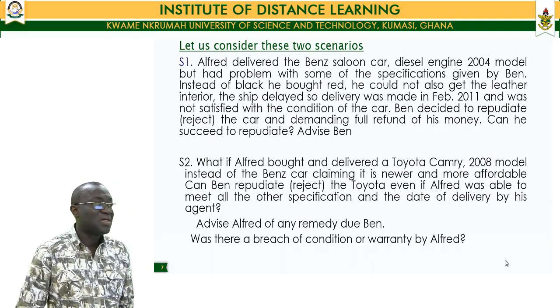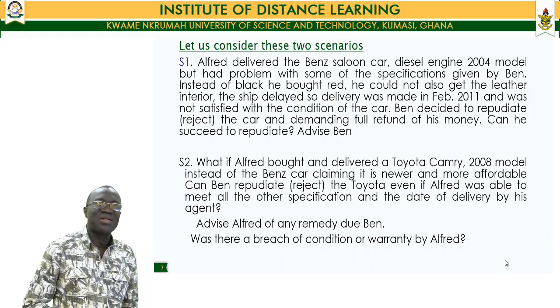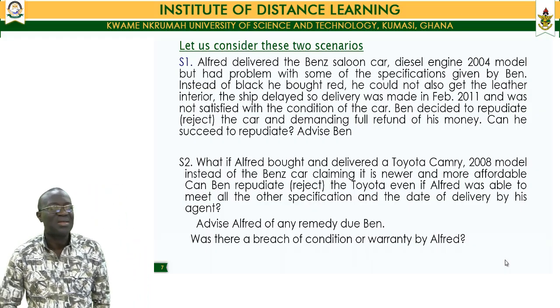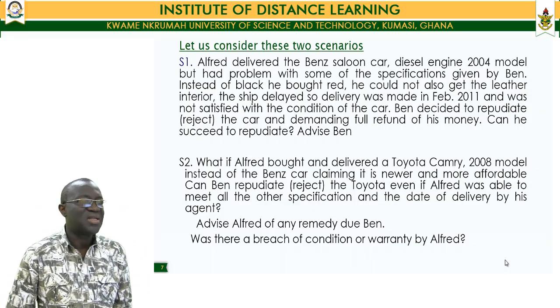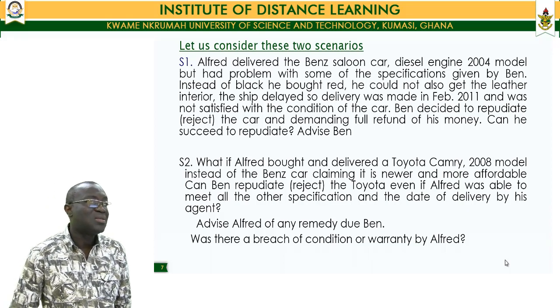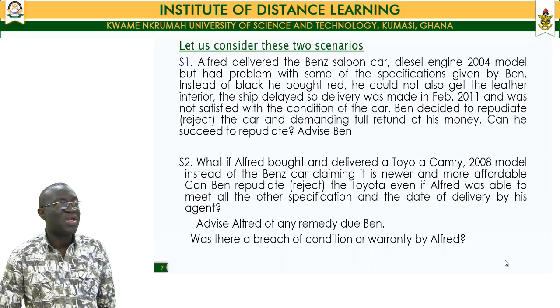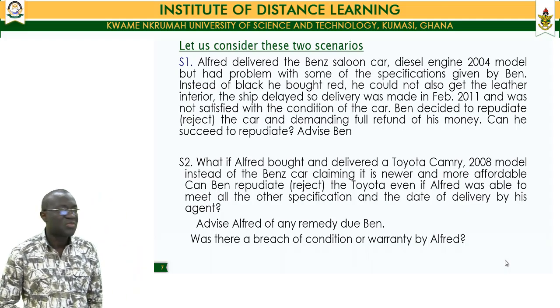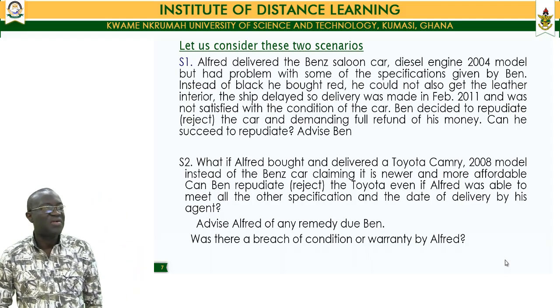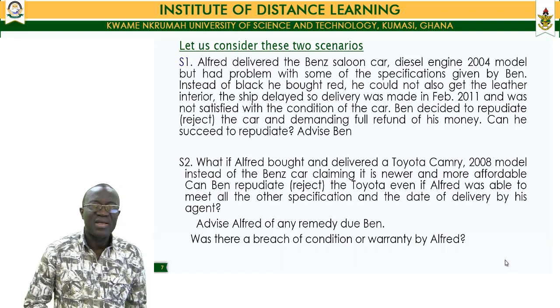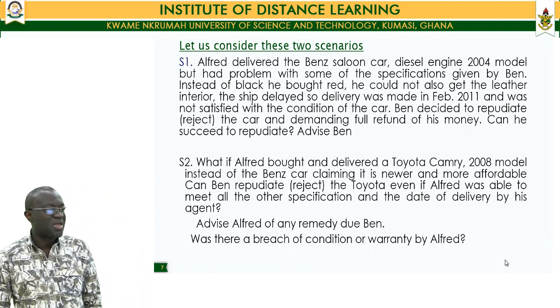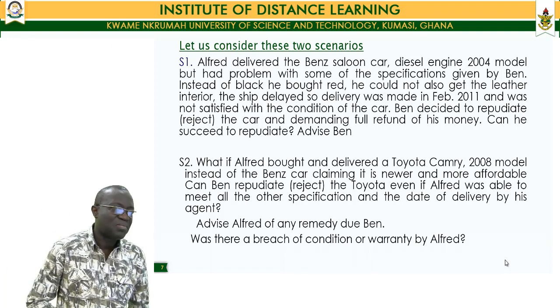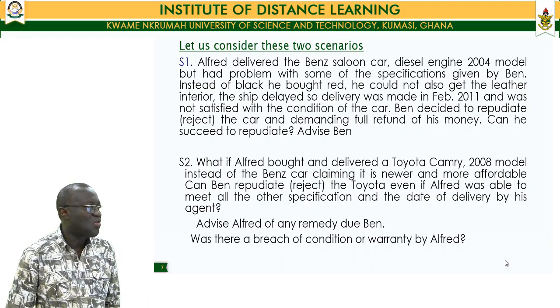They plan to buy and sell a car, a diesel engine 2004 model, but there is a problem with some of the specifications given by Ben in the agreement. So this is an agreement between Alfred and Benz to buy a car and ship it to him in Ghana, and that was part of the transaction between the two of them.